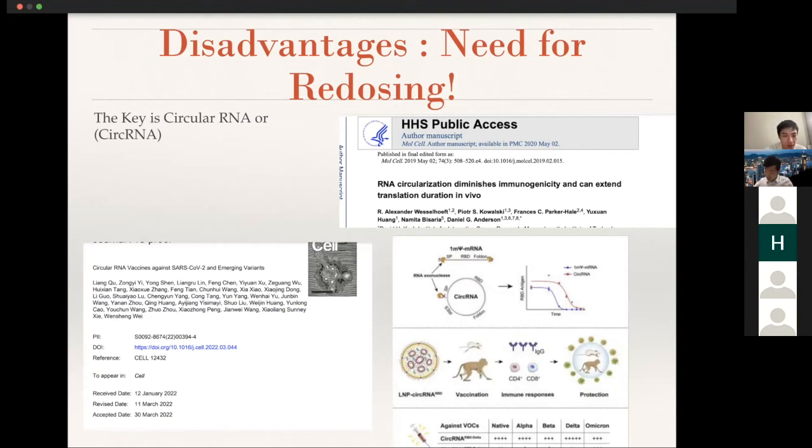The enhanced stability is also valued not only in therapeutics, but also in vaccine creation. For example, a team recently published a preprint of a second generation COVID vaccine based on circular RNA, so the minus 80-degree freezers that we use for the Pfizer vaccine right now are no longer needed.